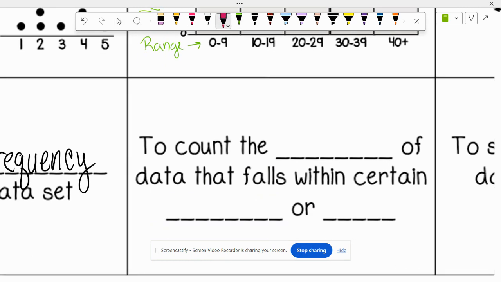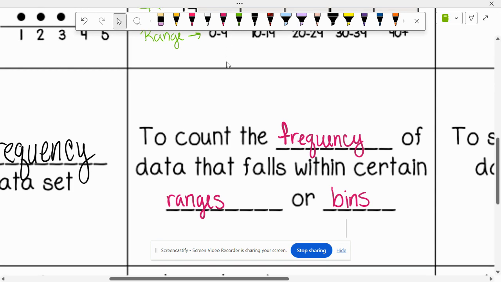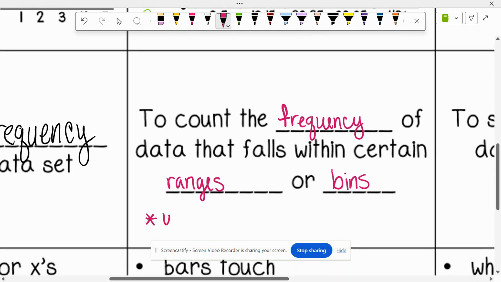It's still used to count the frequency of data that falls within certain ranges, which we call bins, and it's used with larger data sets.